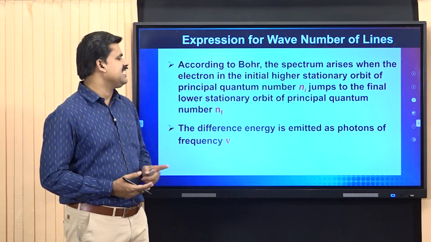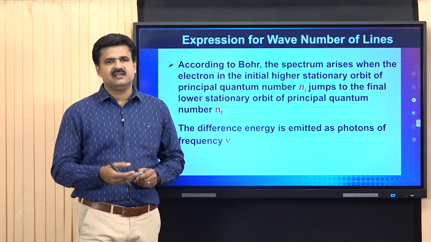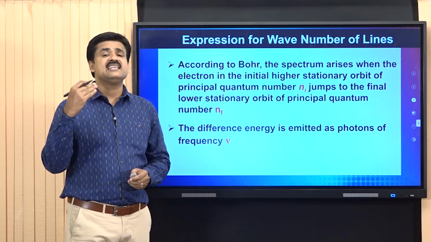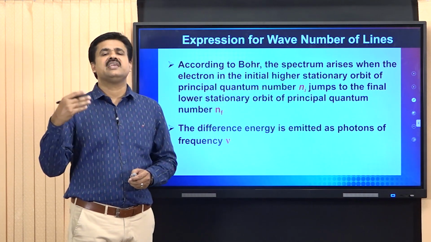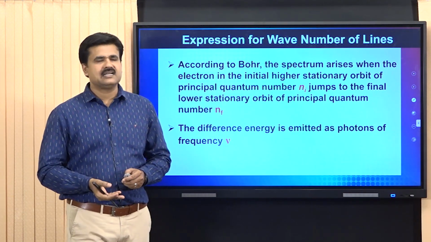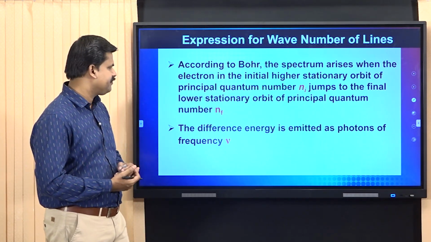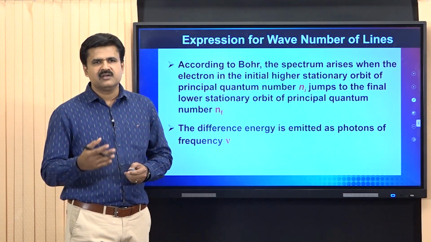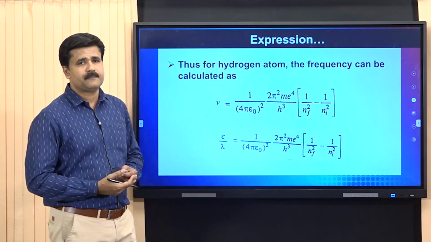The difference in energy is emitted as photons of frequency nu. This implies that electrons are present in the Ni level, that is the initial orbit. They jump down to the Nf level. As a result, some amount of energy is liberated. This appears as photons of frequency nu, that is marked as lines in the line spectrum of hydrogen.